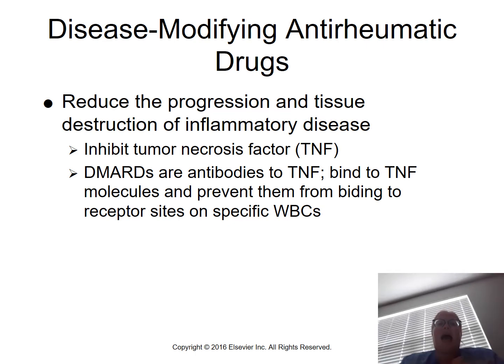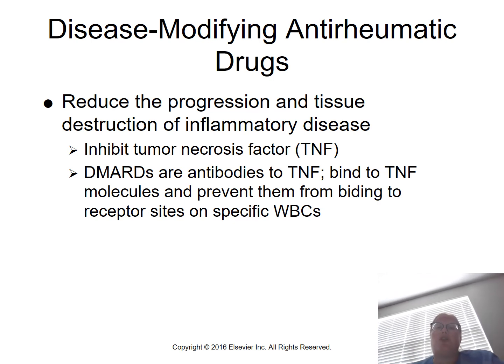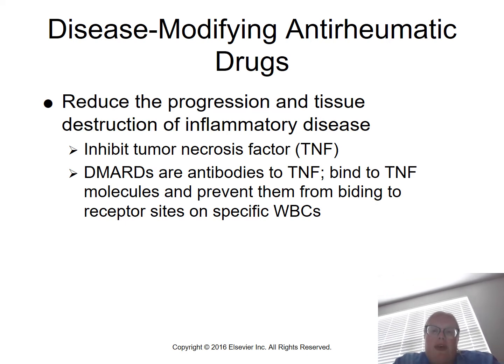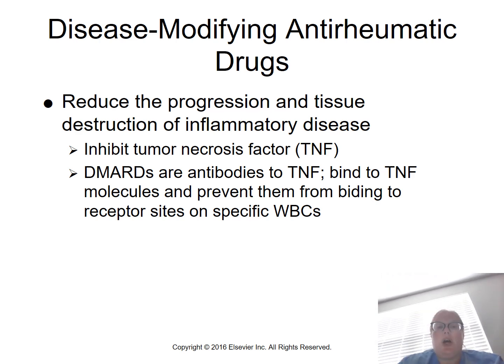So how do they reduce the progression and tissue destruction of inflammatory disease? Well, the first thing they do is they inhibit the tumor necrosis factor, or TNF. They are antibodies to TNF. They bind to TNF molecules and prevent them from binding to receptor sites on specific white blood cells.